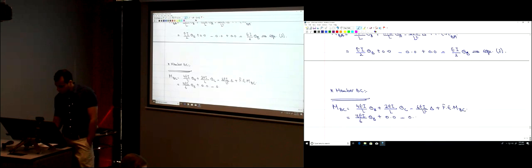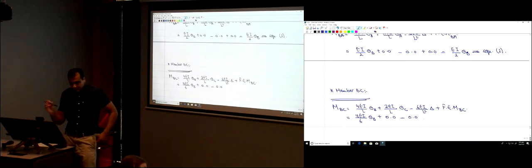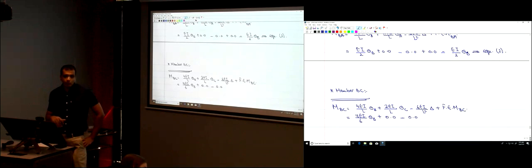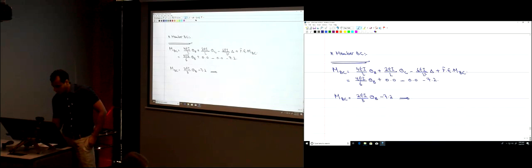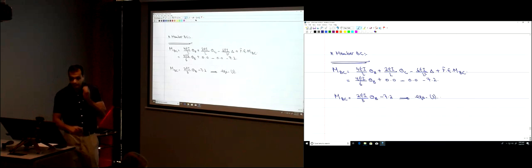There is no differential deflection between point B and point C. Plus the fixed end moment BC. How much is the fixed end moment BC? Negative 7.2. So now MBC is 2EI divided by 3 theta B minus 7.2, and still we need to find theta B. So I'm just going to name this equation 3.